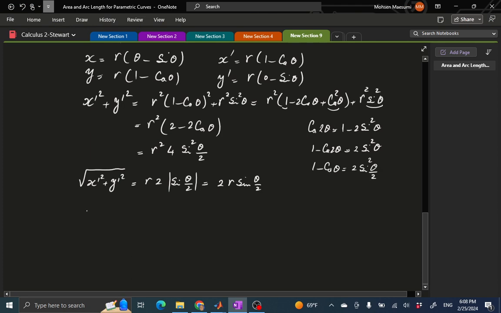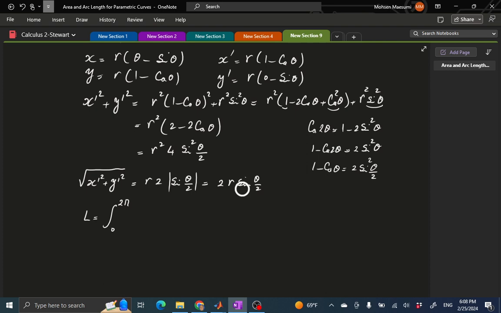Now the length is going to be the integral from 0 to 2 pi of 2r sine of theta over 2 d theta. You can factor 2r. The antiderivative of this is going to be minus 2 cosine of theta over 2. Check that this is the antiderivative.